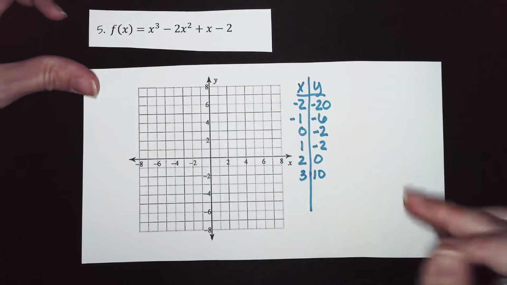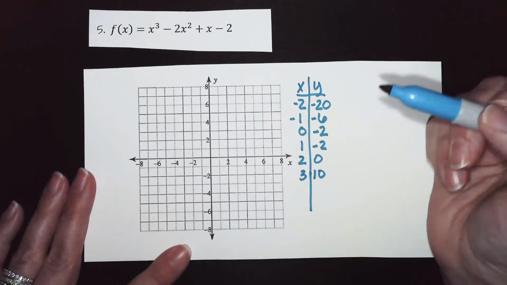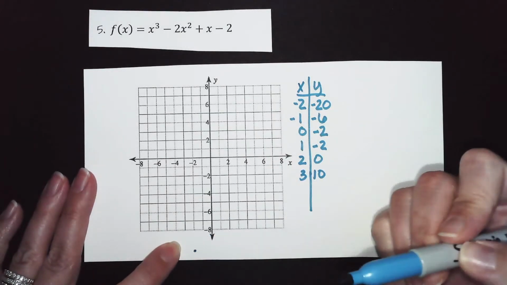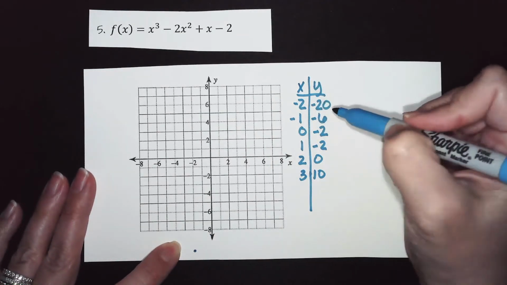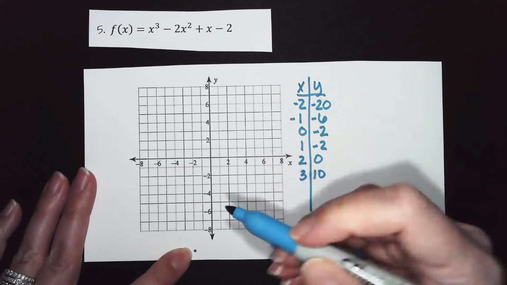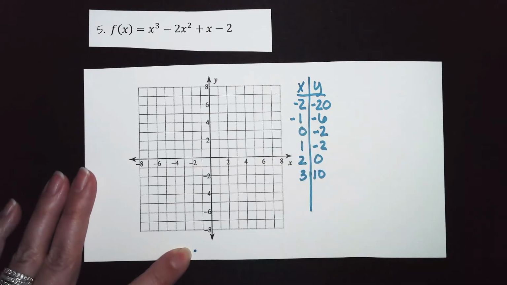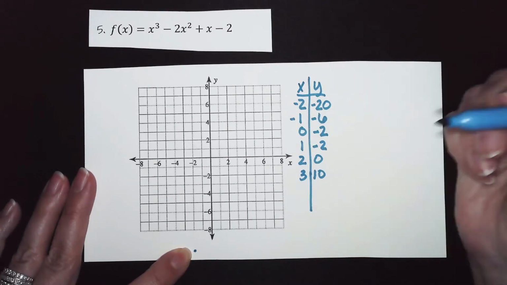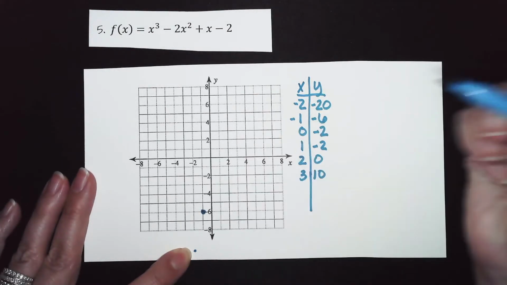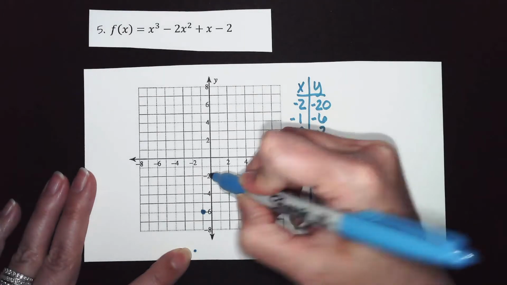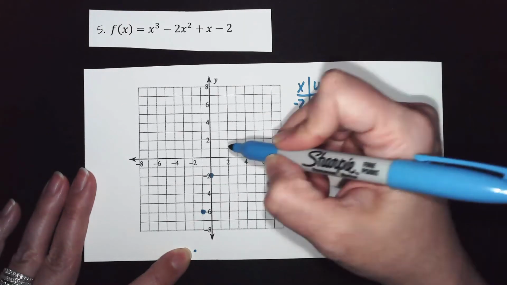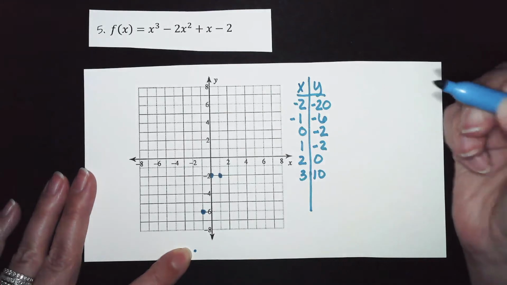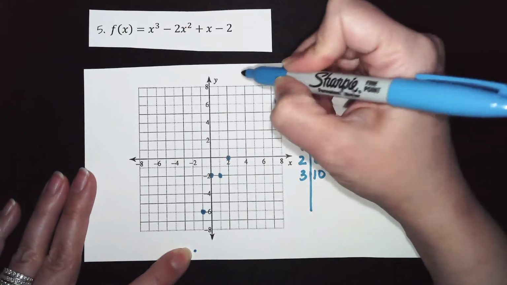So I can plot these points. At -2, -20, I'm way off my graph, way down low. That's not even a point on my graph. I'm just putting a note to myself that it's going off the graph down there. Then -1, -6; 0, -2; 1, -2; 2, 0; and 3, 10.